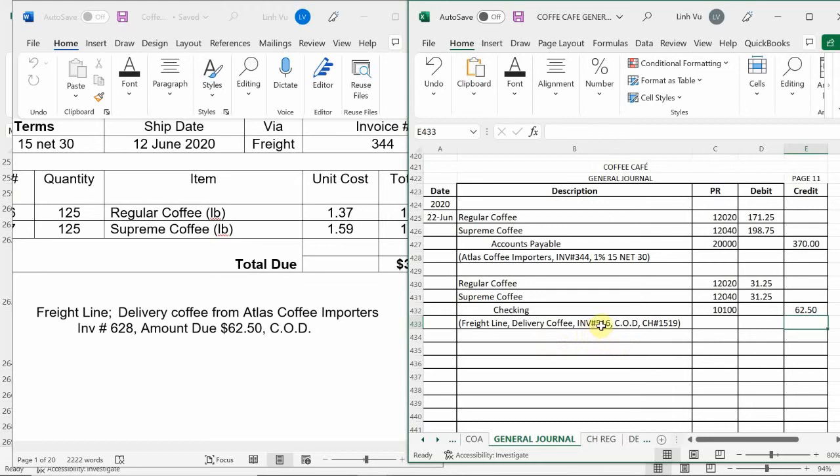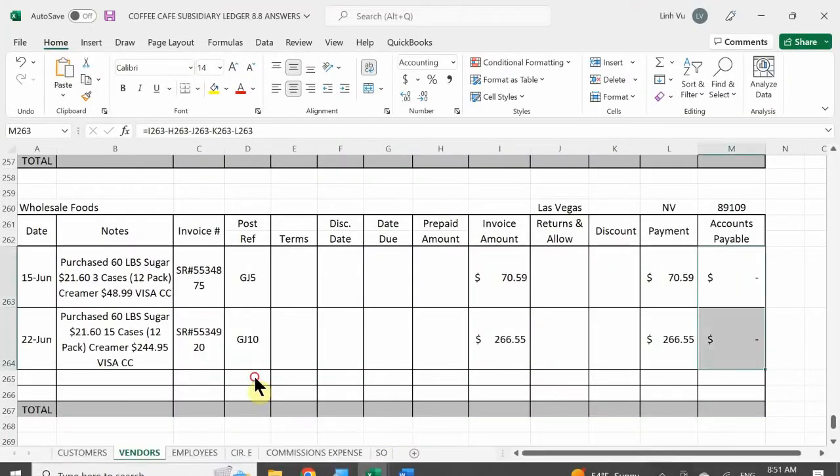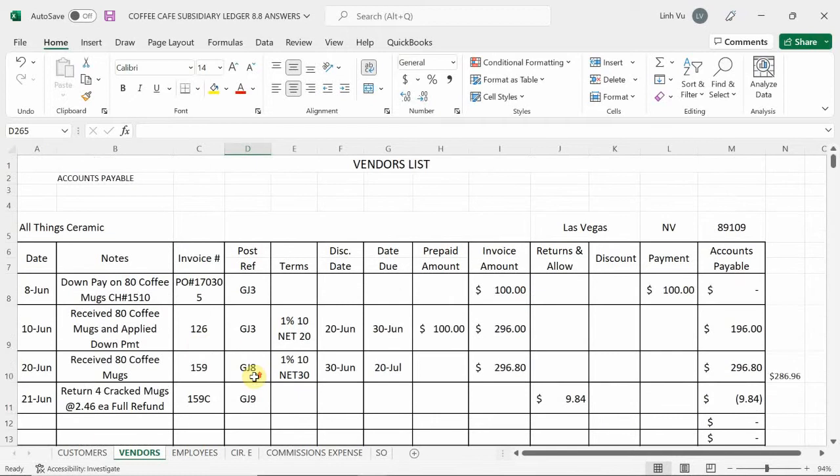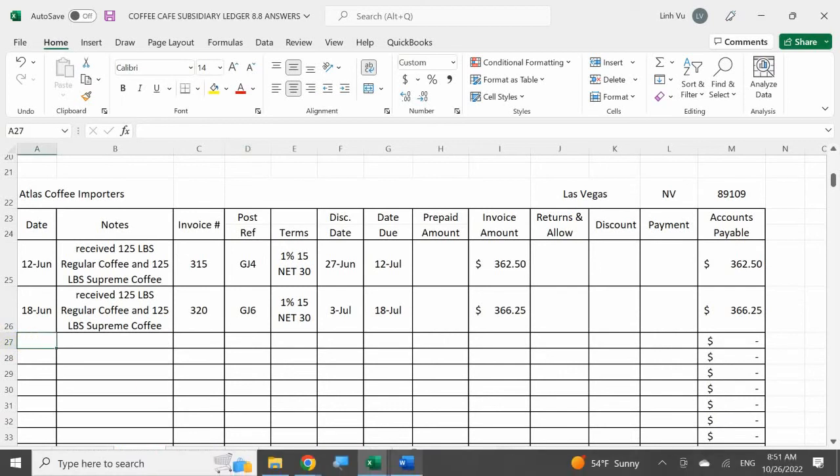So we go to Atlas Coffee Importers in our subsidiary ledger. Receive regular coffee.